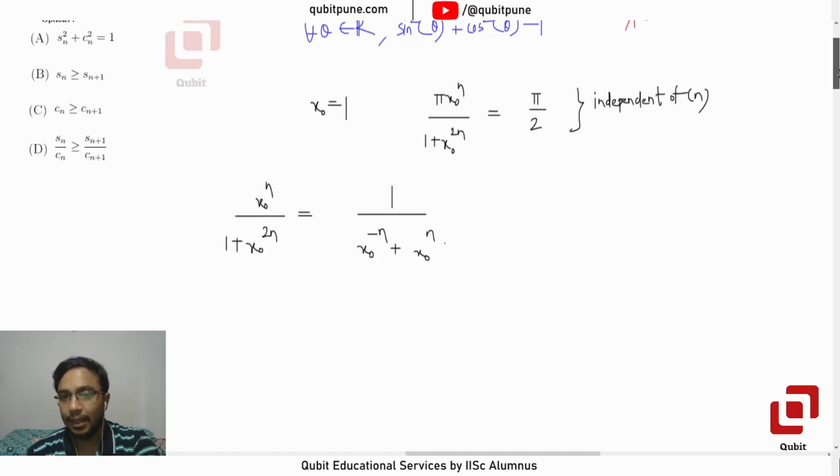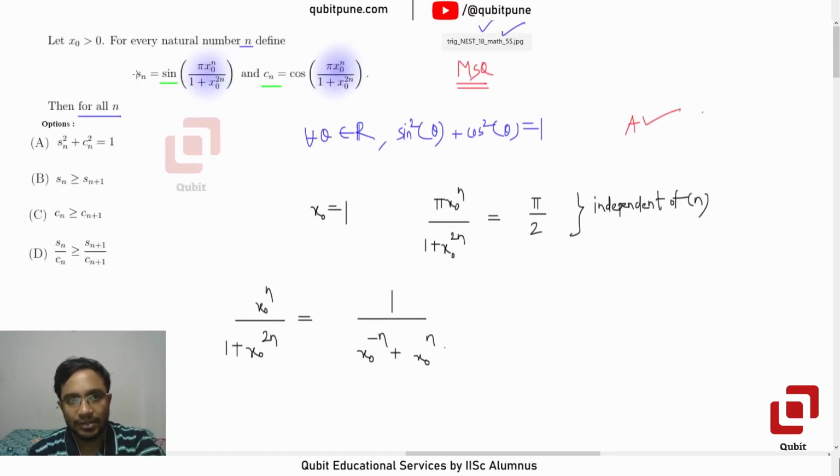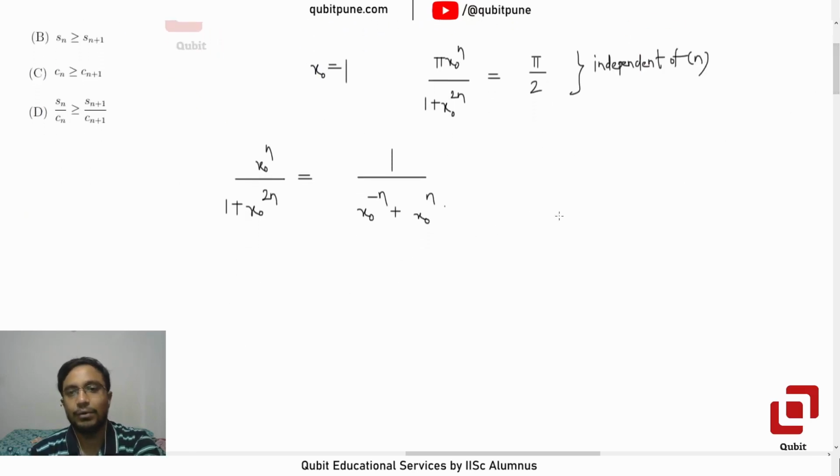Now look, because x0 is positive, the angle is going to be positive, and if you divide it by pi, it will still give me a positive number. So no matter what positive real value of x0 we choose, this will always be greater than 0. That's the first thing that we note.